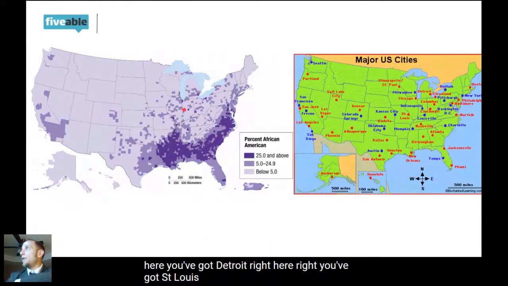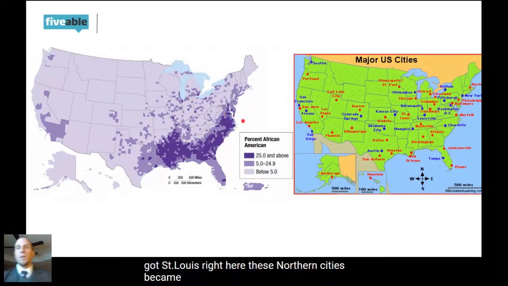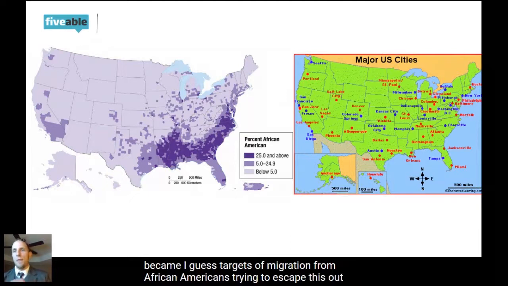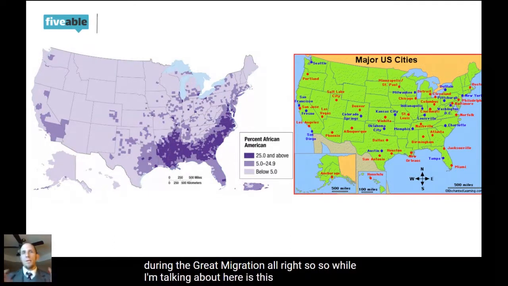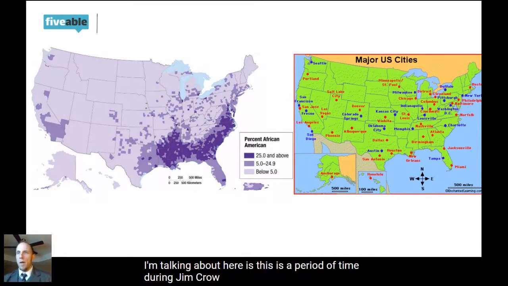You've got St. Louis right here. These northern cities became targets of migration from African Americans trying to escape the South during the Great Migration. So this is a period of time during Jim Crow, into the early 1900s, maybe more like the 30s or 40s.